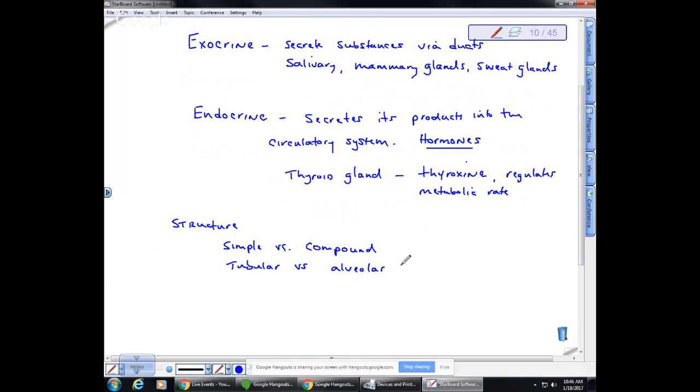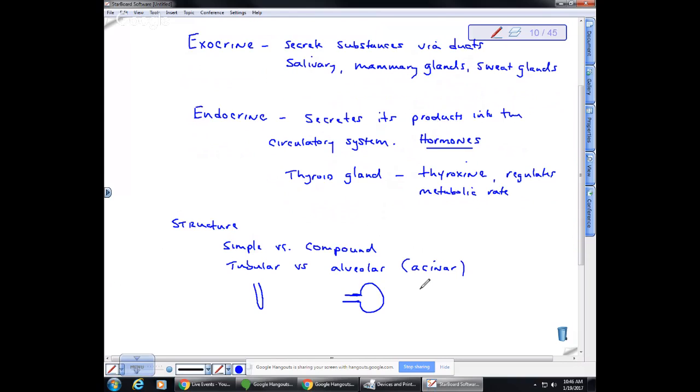Another term for alveolar that biologists use is acinar, which means berry-like. Alveolar refers to a structure that looks like this, like the alveoli in the lungs. Tubular means that it's just a tube, with no big ending. Simple means that there's no branching, and compound means that there's lots of branching.